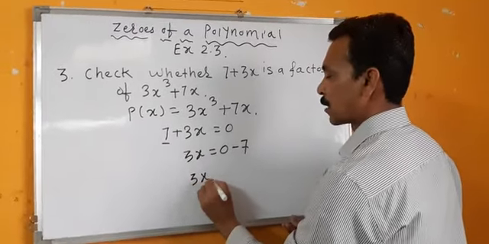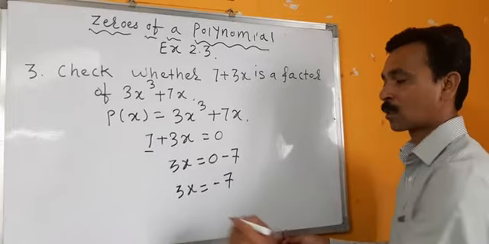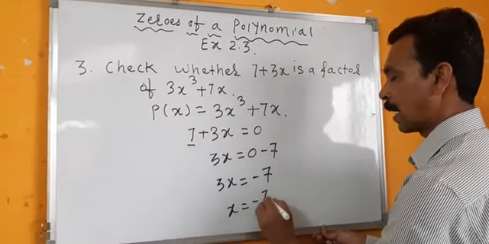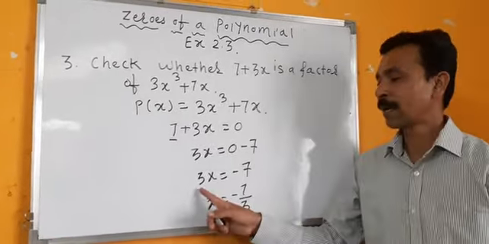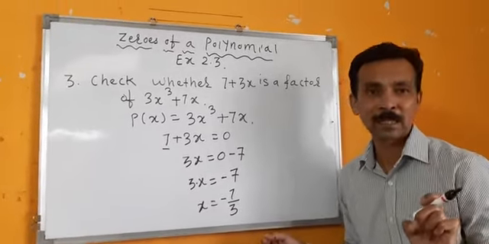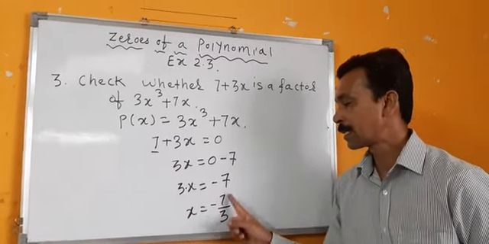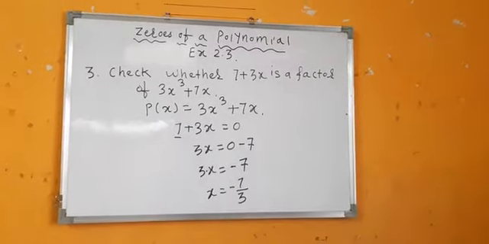So 3x is equal to 0 minus 7, which is minus 7. So what is the value of x? Minus 7 upon 3. Why does 3 go in the denominator? Because 3x means 3 into x. When it is multiplication, it goes into division. x is equal to minus 7 upon 3.